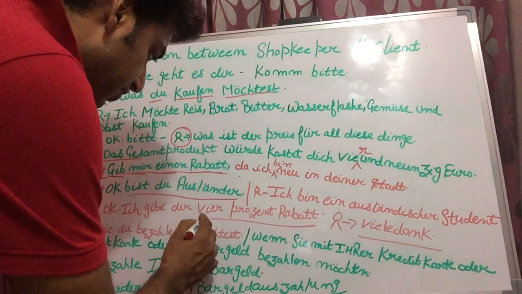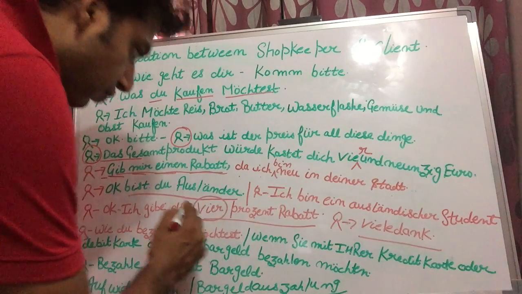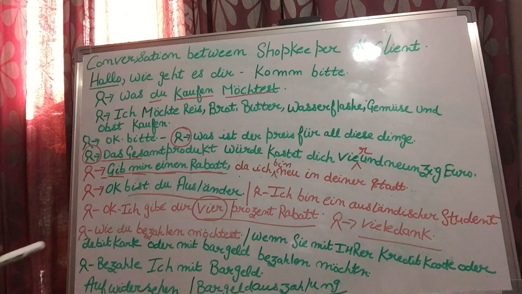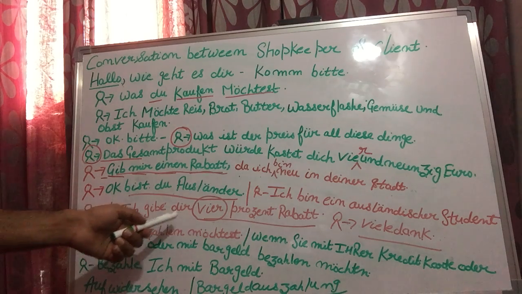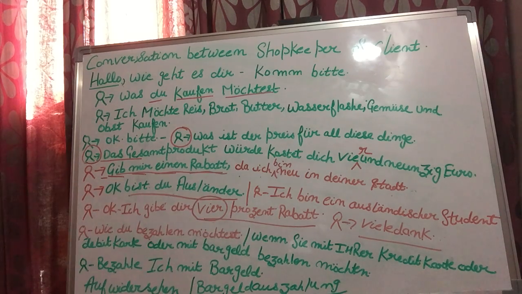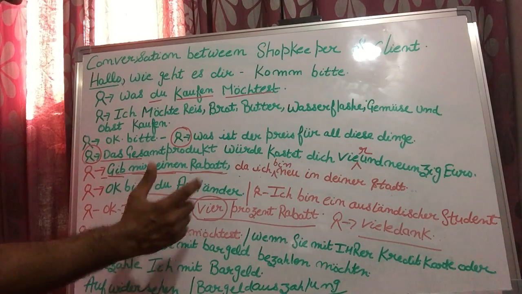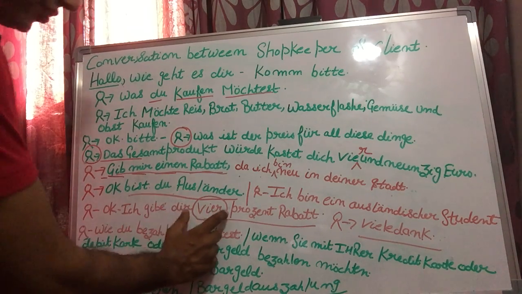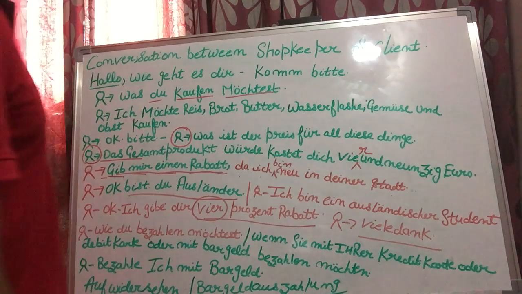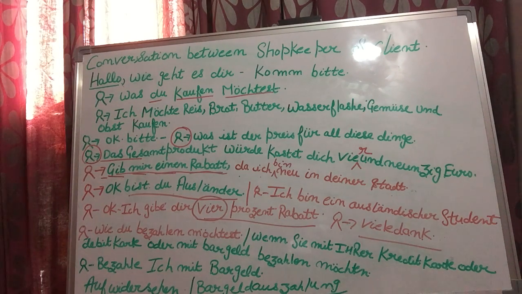It means the shopkeeper is saying, I will give you 4% discount. Ich gebe, I give you, dir, give you. Ich gebe dir 4% Rabatt. I give you 4% discount.